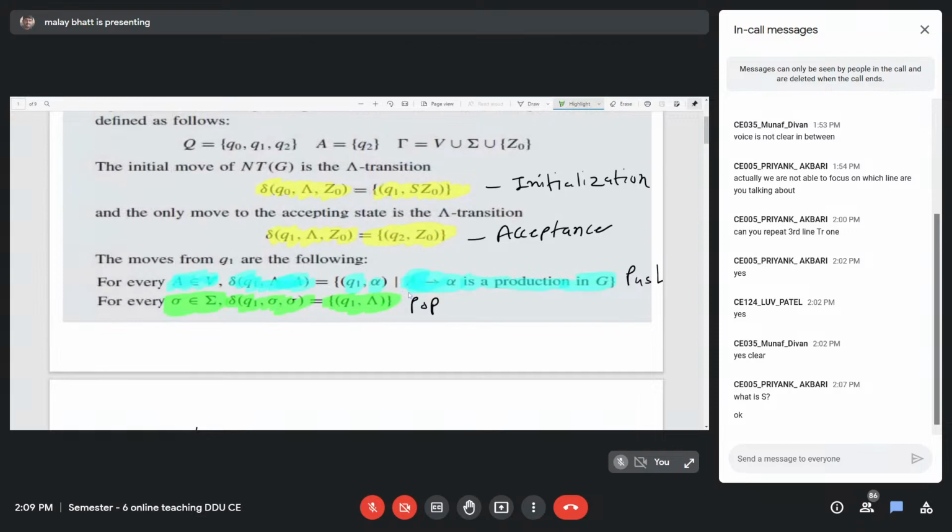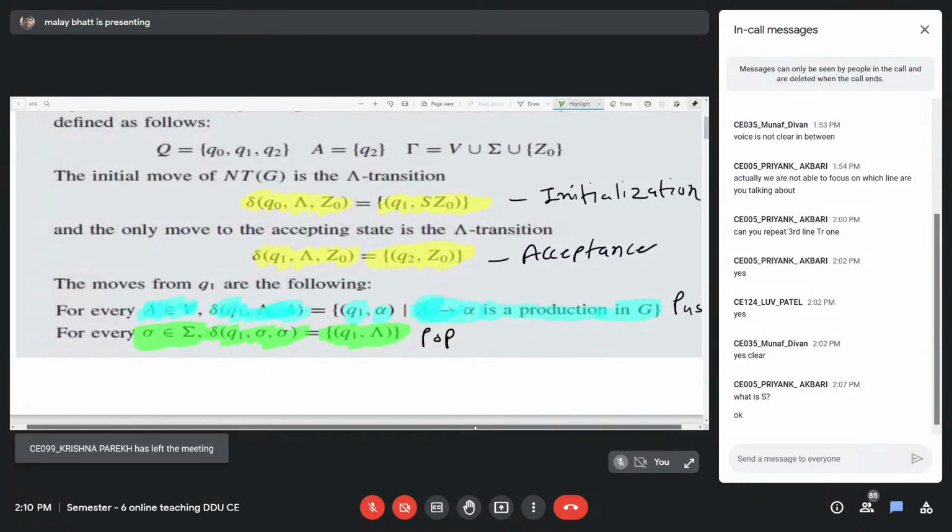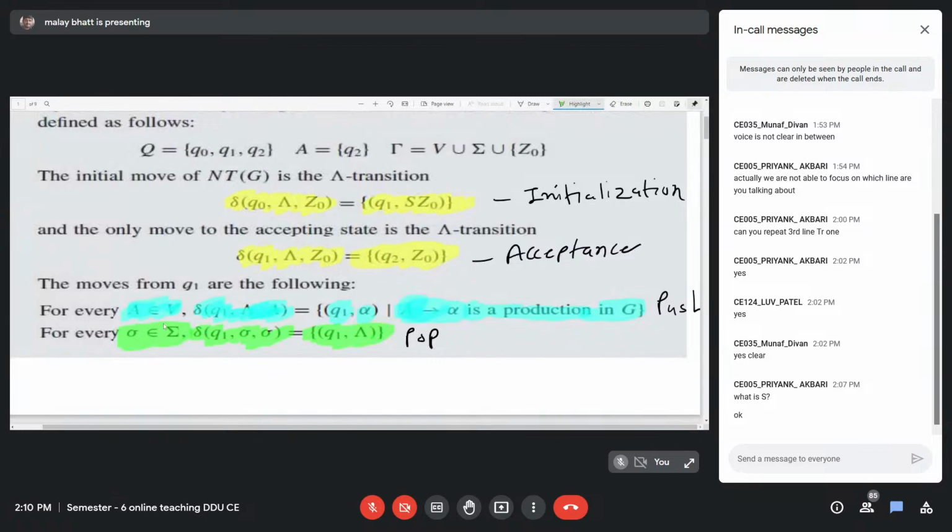What is alpha? A to alpha is a production rule in the grammar. So it is a push operation. For every non-terminal of the grammar, Q1 null A gives Q1 alpha, where alpha is the right-hand side of the rule. We have to write this for every non-terminal. It is a recursive rule. We have to apply it several times.